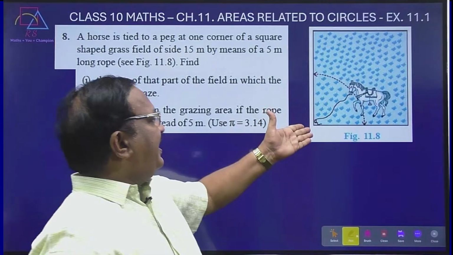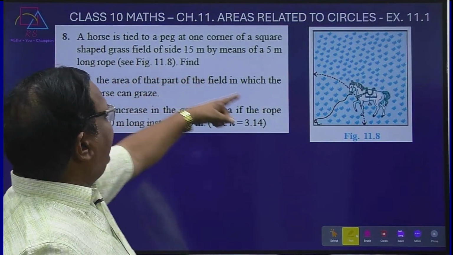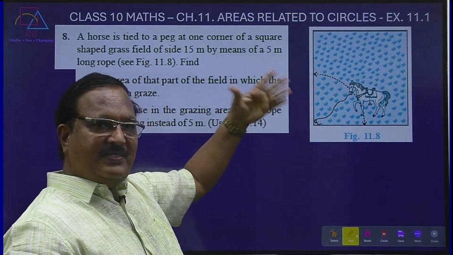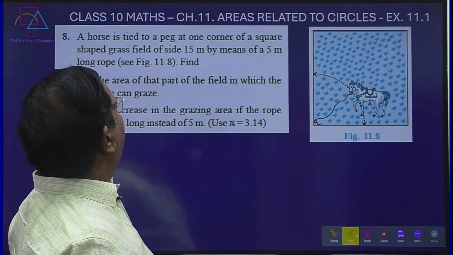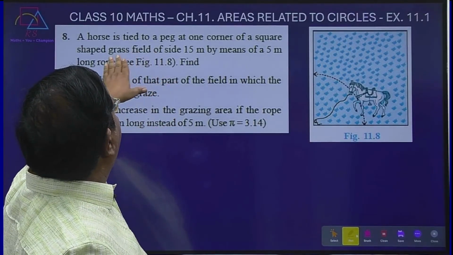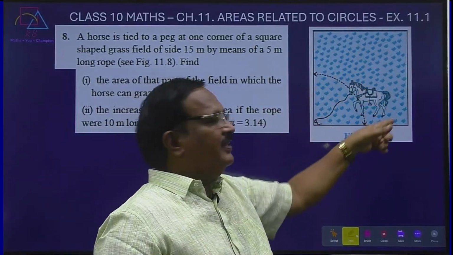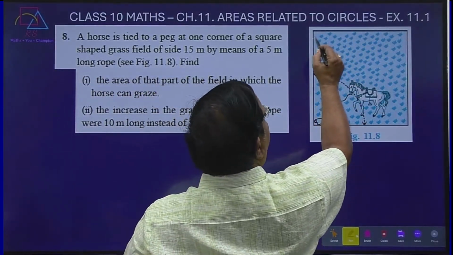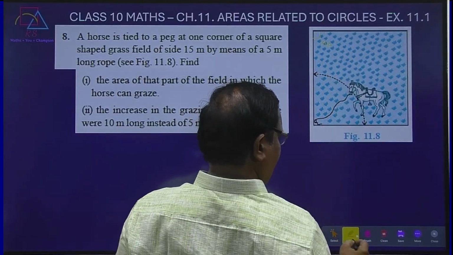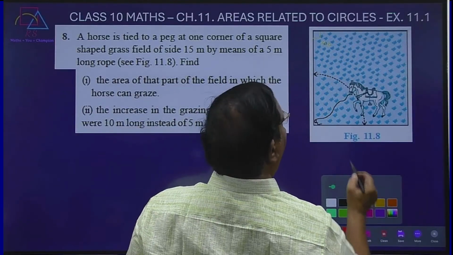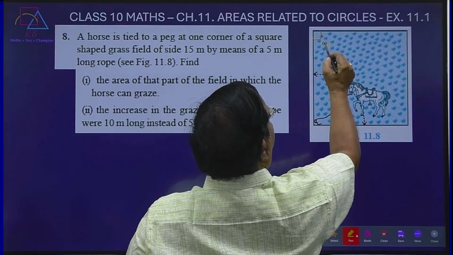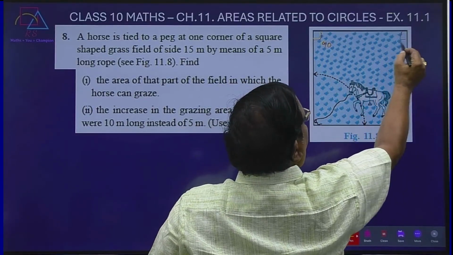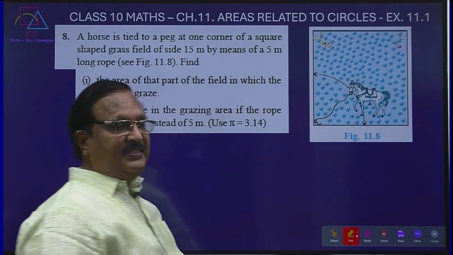So a horse is tied at one corner with some rope. And the lawn is square shaped. So that means all angles are 90 degrees. Because it is a square.